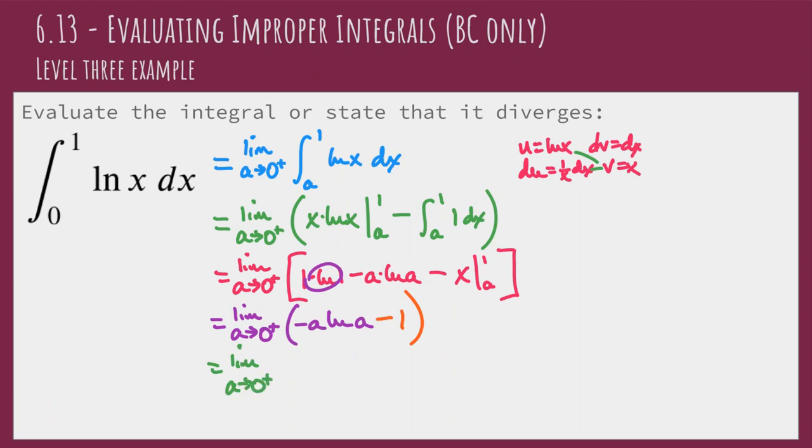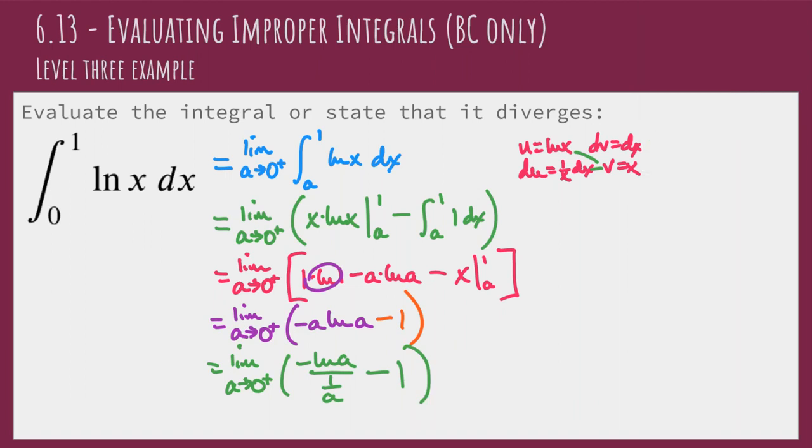I'm going to keep the natural log on top. So I'm going to say the negative natural log of a over 1 over a. By doing that, what I've done is I've made it negative infinity over positive infinity. So we have that infinity over infinity form where L'Hopital's rule will work.